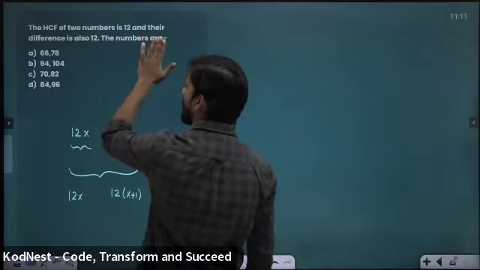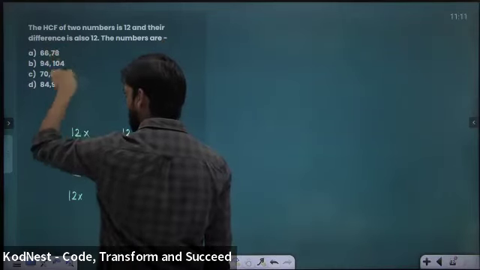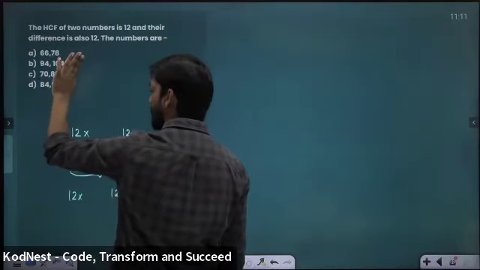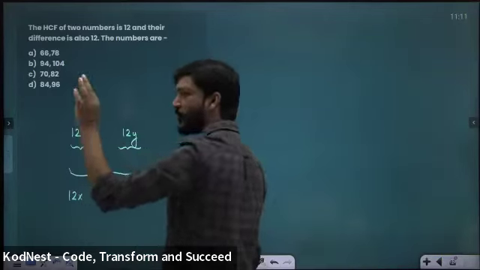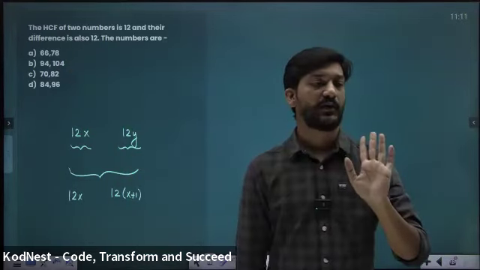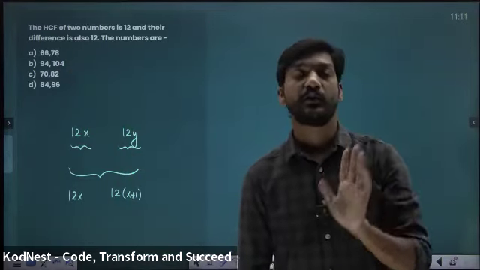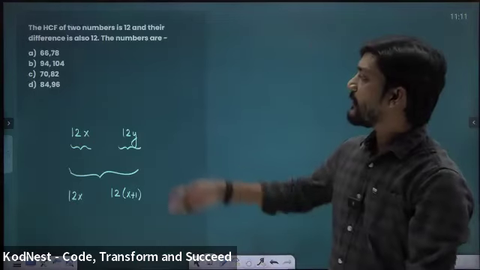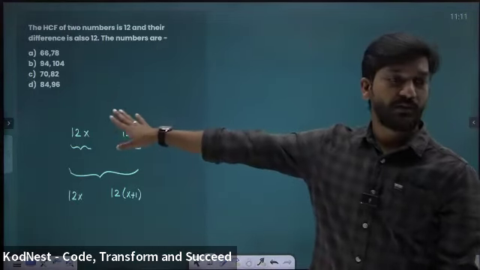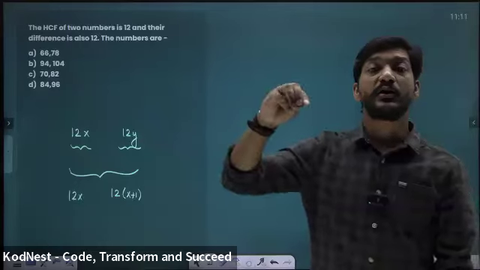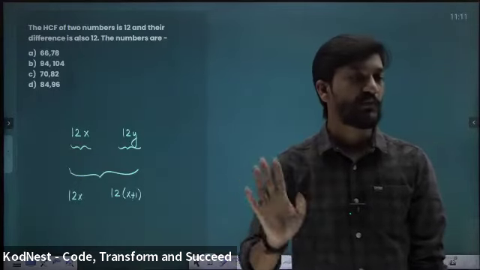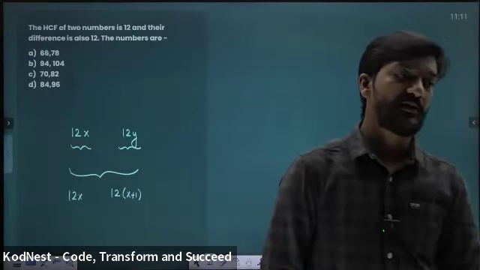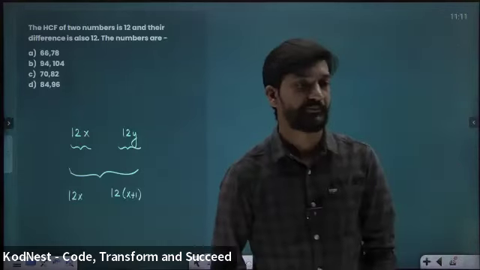So carefully answer. The numbers are these. The highest common factor must be 12. The difference must be 12. If the highest common factor is not 12, if 12 is not a factor also, remove the options. So please answer which option is right.